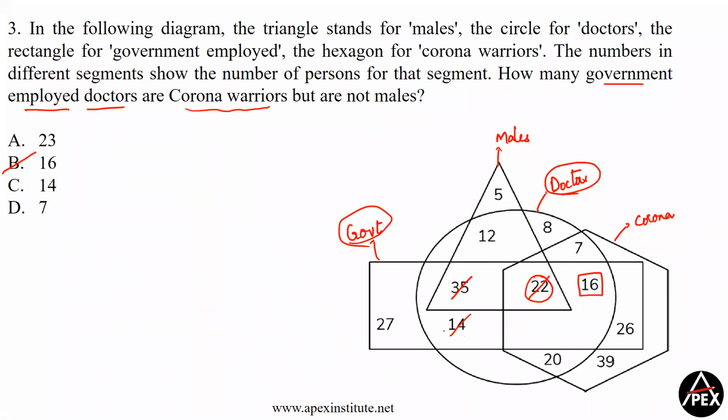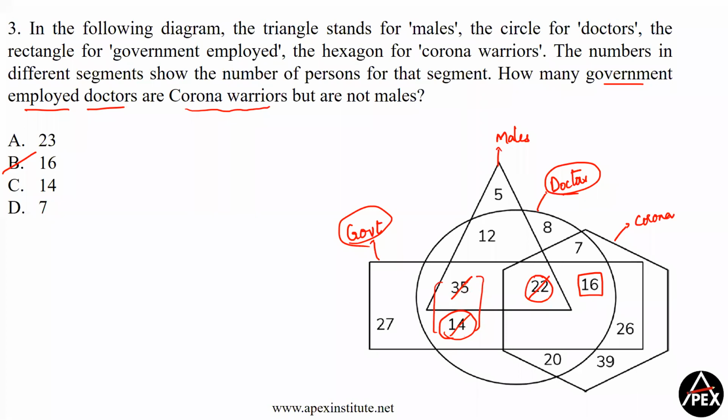Why did we not consider this 14? Because they are not corona warriors. So first we need to find the intersection between government employed and doctors. We have four regions: 35, 14, 22, and 16. The 35 and 14 are not corona warriors, hence can be eliminated.